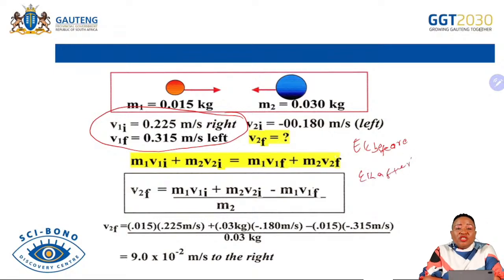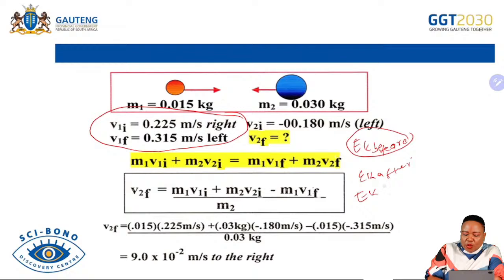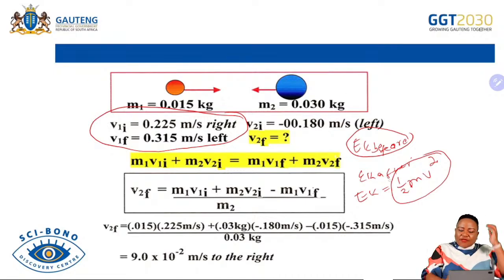When you want to check, how do you calculate EK? You know that kinetic energy EK is equal to half m v squared. So you will check whether kinetic energy before collision is the same as kinetic energy after collision.